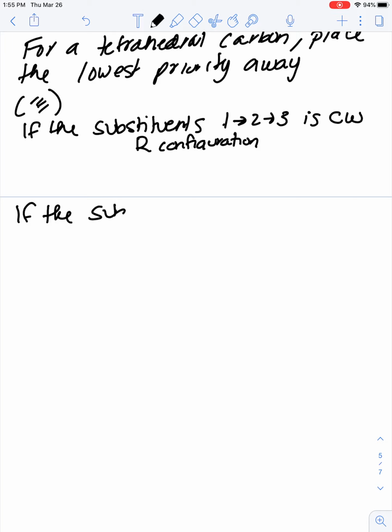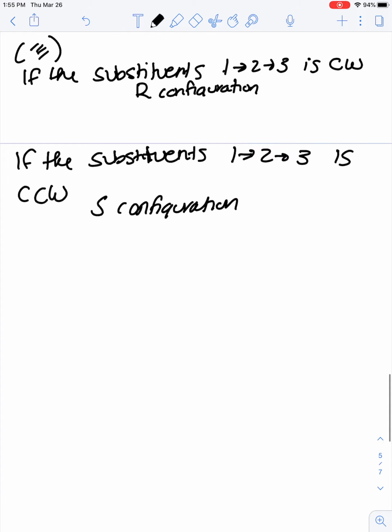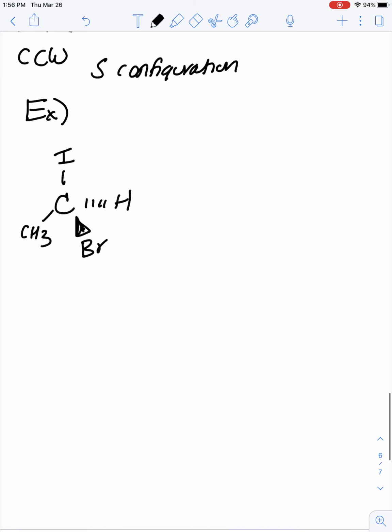If the substituents, again 1, 2, and 3, with 1 being our highest priority and 3 our lowest priority, go counterclockwise, it's going to be an S configuration. So let's look at a few examples. If we look at this molecule here, we're going to number all of these by priority.